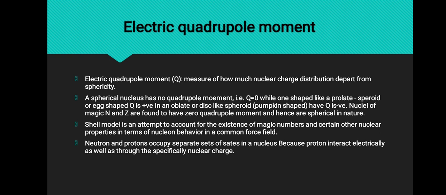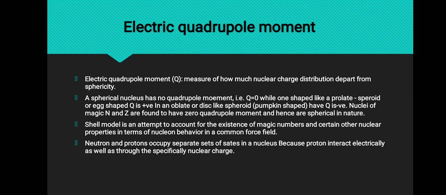Coming to the next point, the electric quadrupole moment. So what does the electric quadrupole moment mean? It is a measure of how much the nuclear charge distribution departs from sphericity. A spherical nucleus has no quadrupole moment, that is Q is 0. One shaped like a prolate spheroid, or egg-shaped, has Q positive.